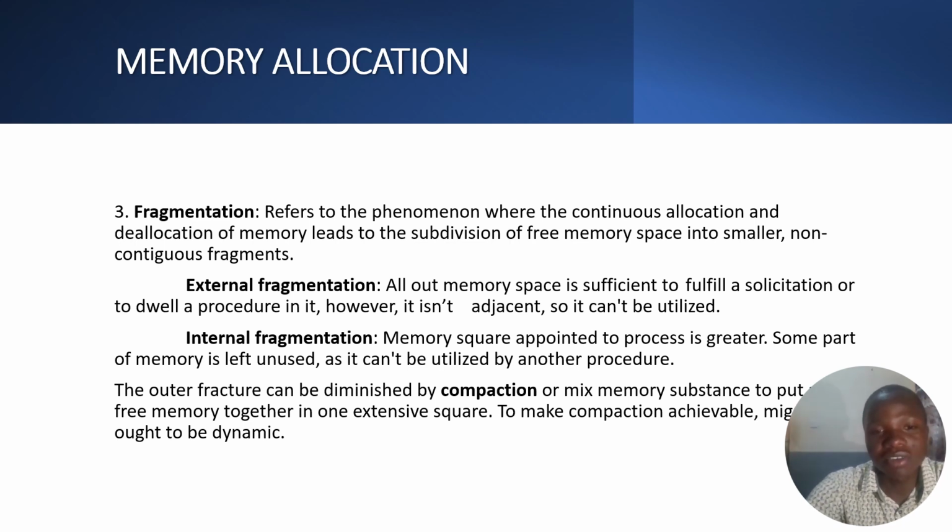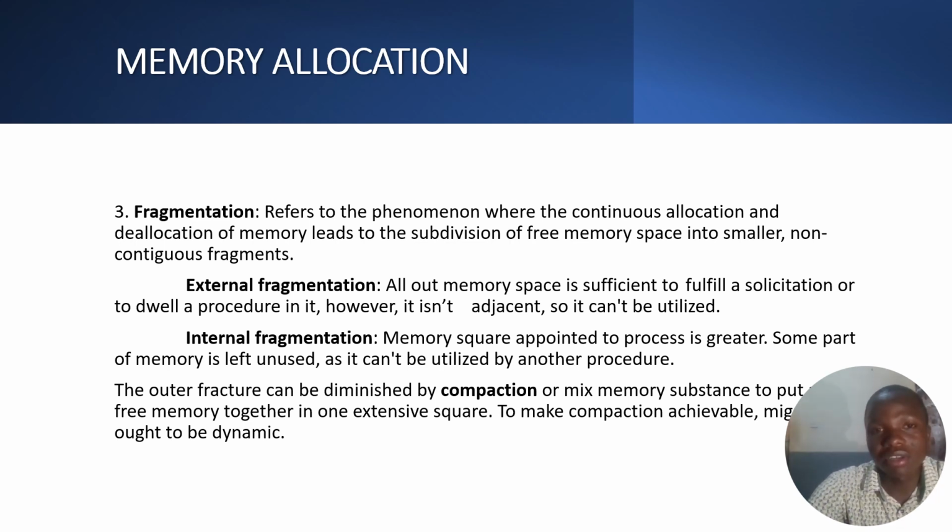Still on memory allocation, here I highlighted more about fragmentation, the phenomenon where the continuous allocation and deallocation of memory leads to the subdivision of free memory space into smaller non-contiguous fragments.